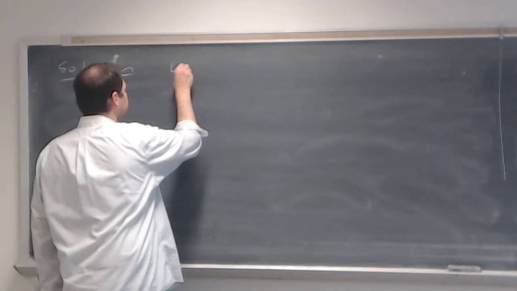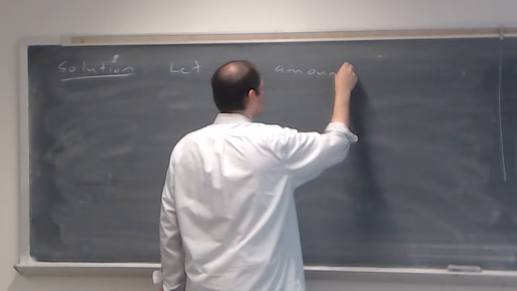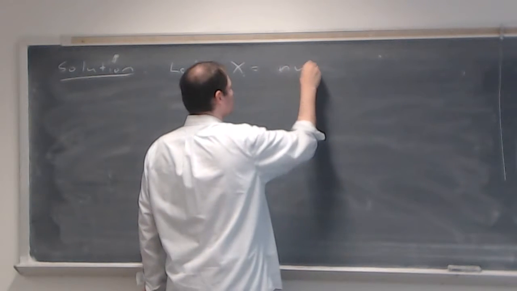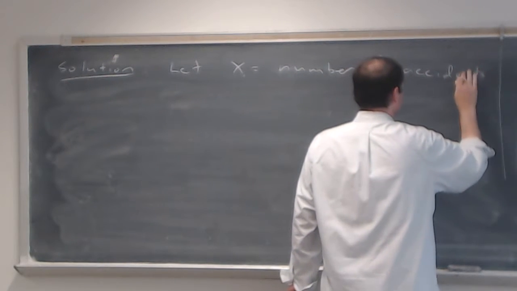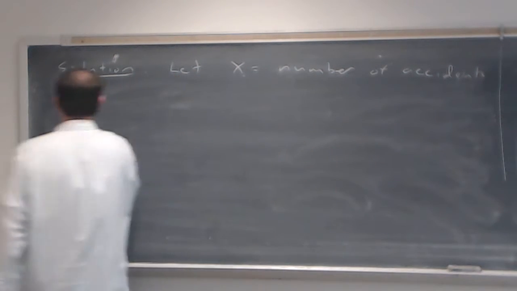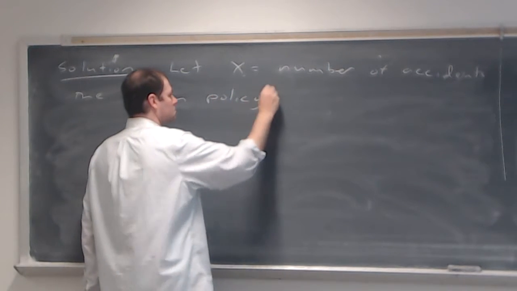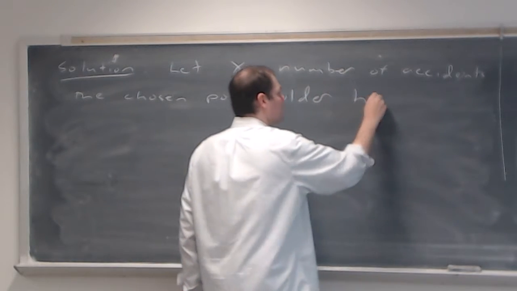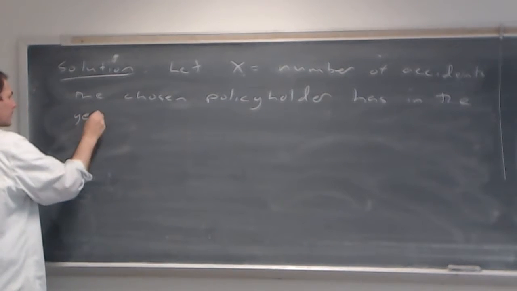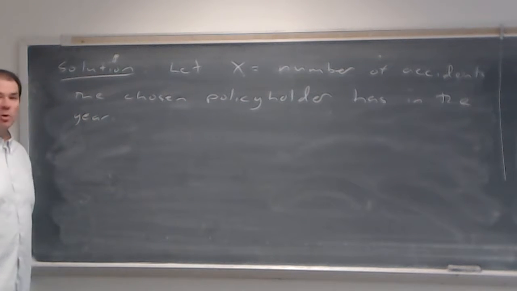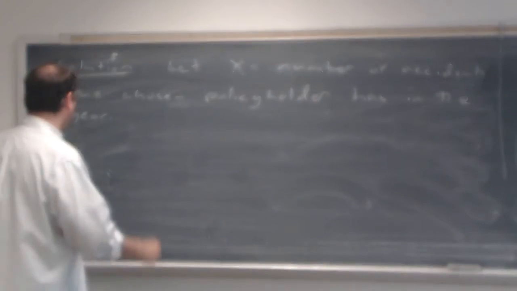So we're going to let x equal the number of accidents the chosen policyholder has in the year. And this involves conditioning on y.